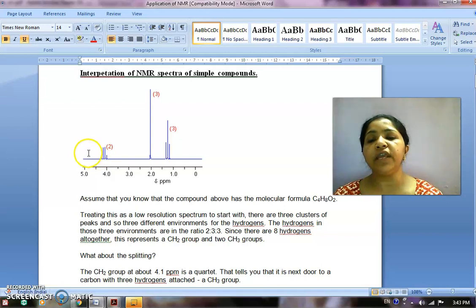Whereas CH3 bonded to CH2 does not have any deshielding. So it is rather shielded, and therefore the delta value is quite less.